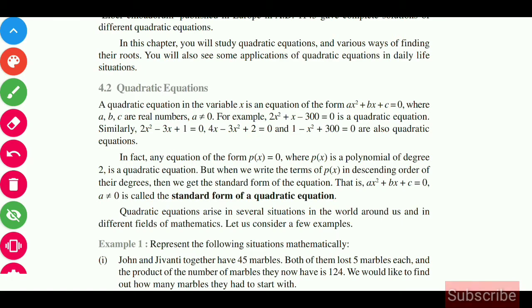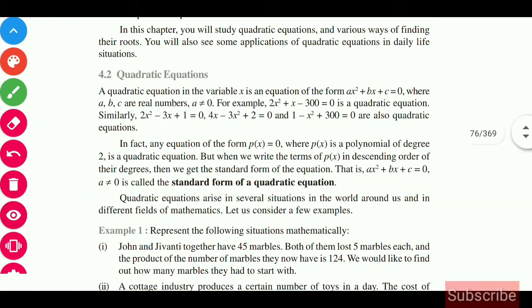But if we arrange the terms of the equation in descending order as per their degree, then the equation so obtained will be the standard form of a quadratic equation. That is, ax square plus bx plus c equals 0, where a is not equal to 0, is called the standard form of a quadratic equation.